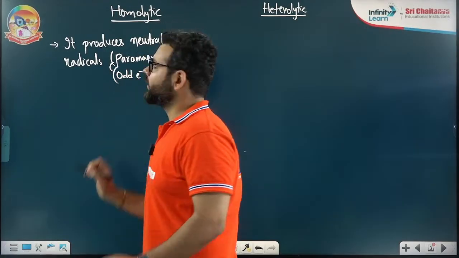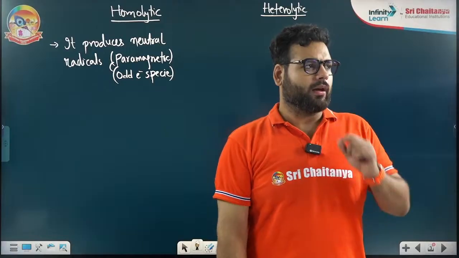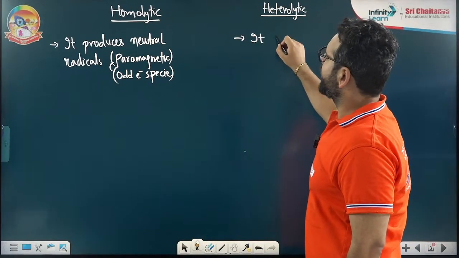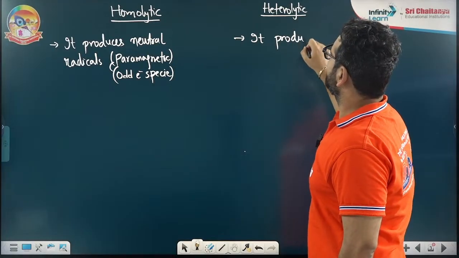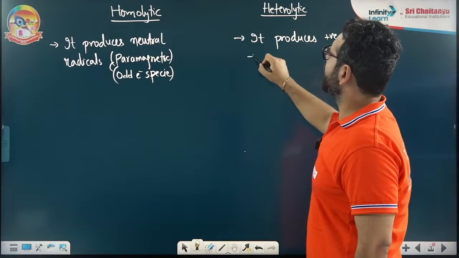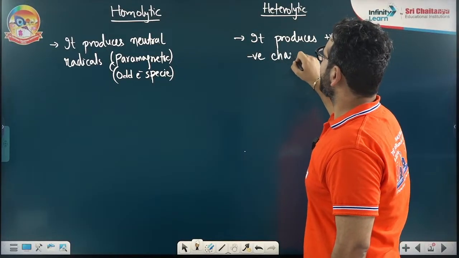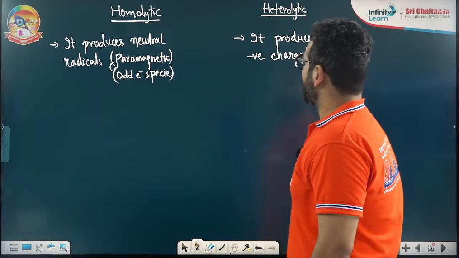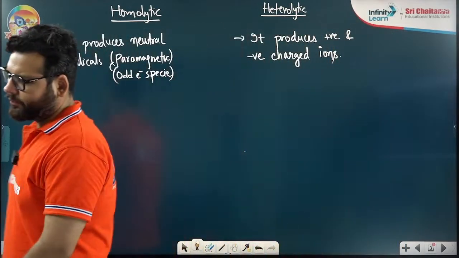Both will carry one unpaired electron. Heterolytic, on the other hand, will produce ions, positive and negative charged ions.